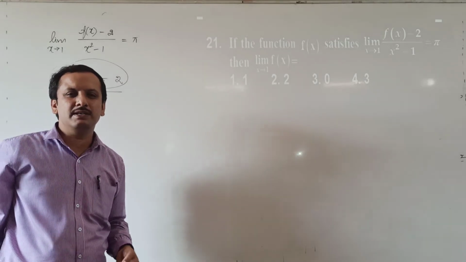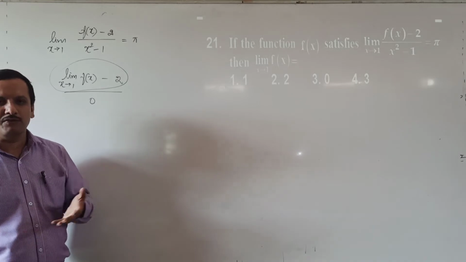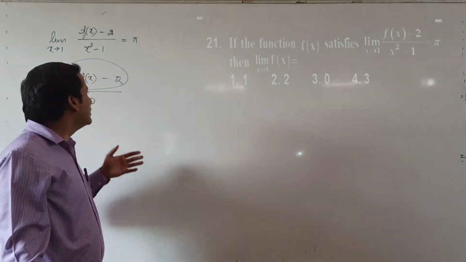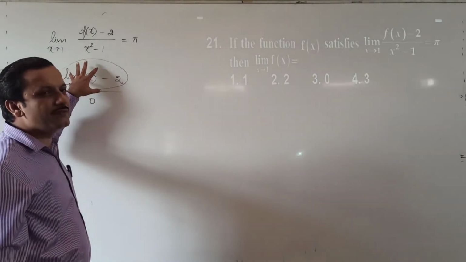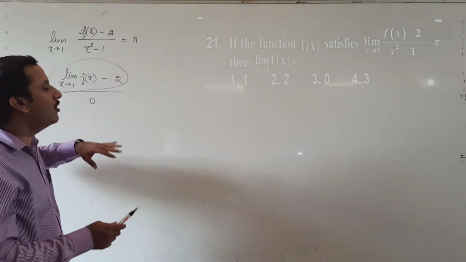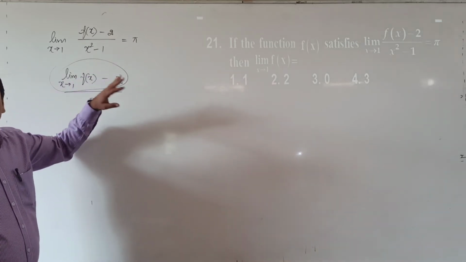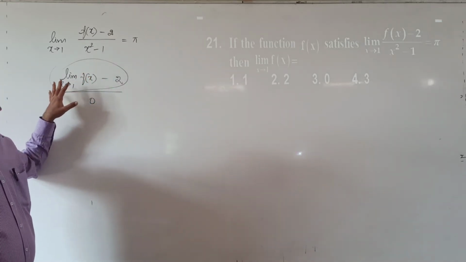Then pi is a real number, right? So it is of course much lesser than infinity. So this will tend to plus infinity or minus infinity. But here they have given that as pi. Therefore, this cannot be positive. See, if it is positive, it will become plus infinity. That should not happen. If it is negative, it will become minus infinity. Again, that should not happen.